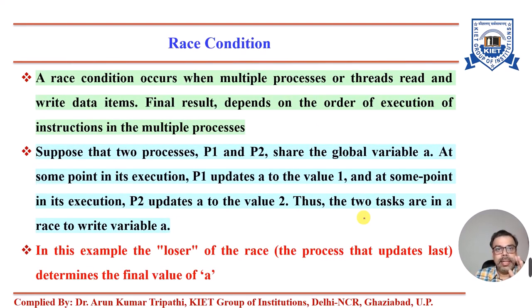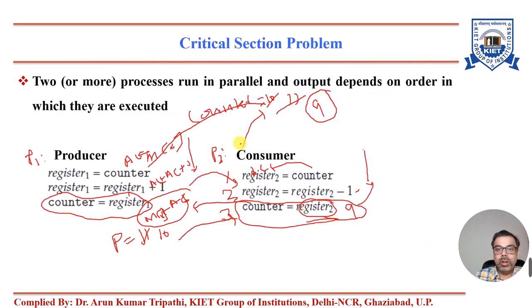So race condition. The race condition occurs when multiple processes or threads read or write the data item. The final result depends on the order of the execution of the instructions in the multiple processes. As I have already told you, the order in which they execute. Firstly, these two statements execute, then these two statements execute, then this statement executes, and at the last this statement gets executed.